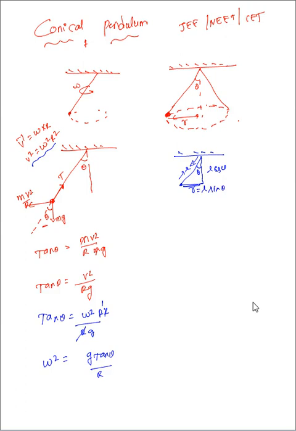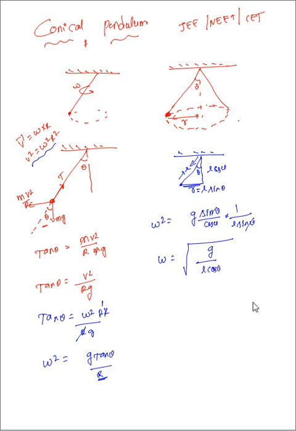So omega square equals g tan theta, which can be written as sin theta by cos theta, and 1 by r can be written as 1 by L sin theta. Sin theta gets cancelled. Therefore omega equals under root g by L cos theta.